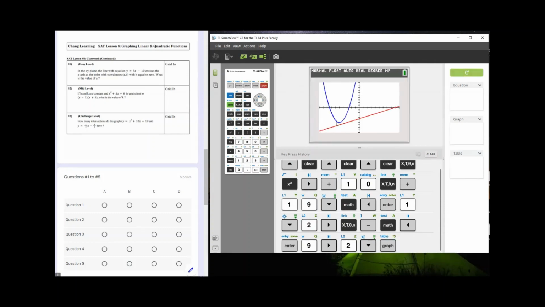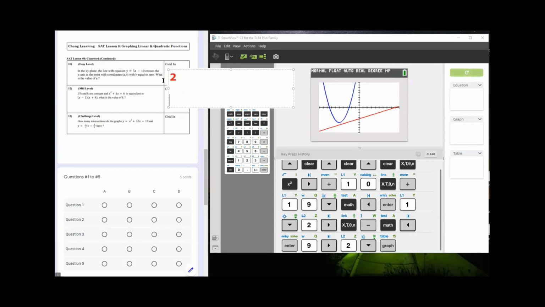And lo and behold, when we do this, we can see that there are no intersections. The parabola here is completely above this sloped line with the slope of a half. There's a gap here between the vertex and the line below it. So the correct answer was 0. So for the 3 grid-in questions, the correct answers were 2, negative 7, and 0.